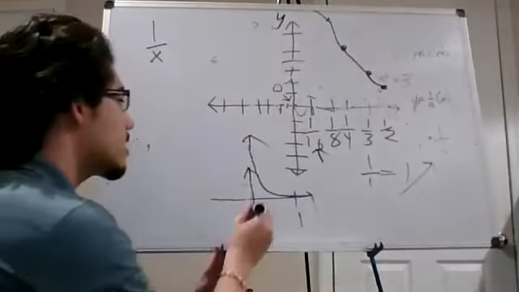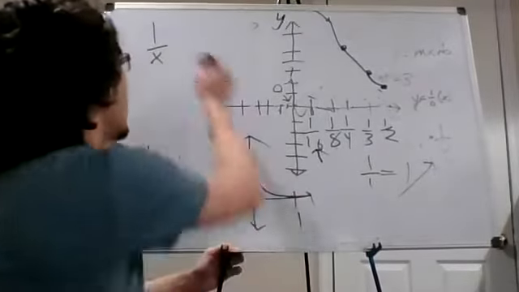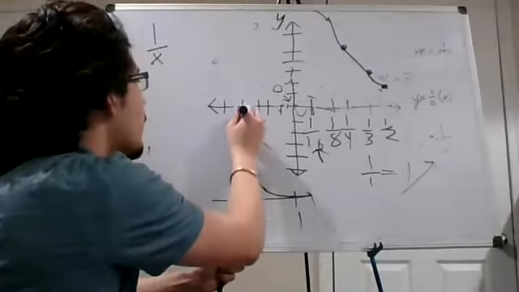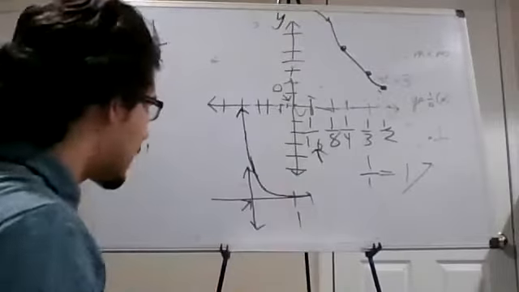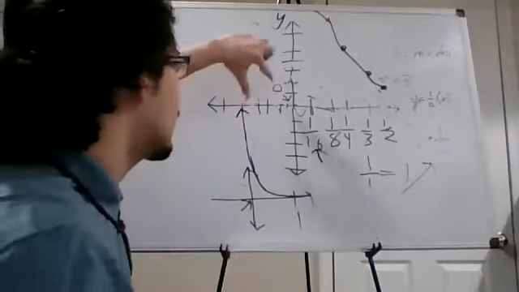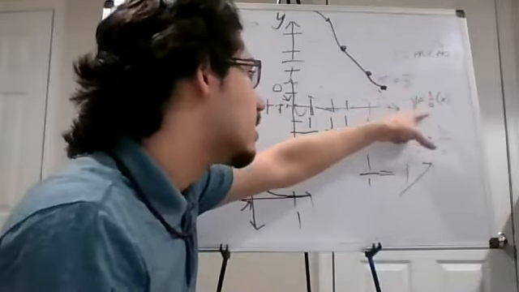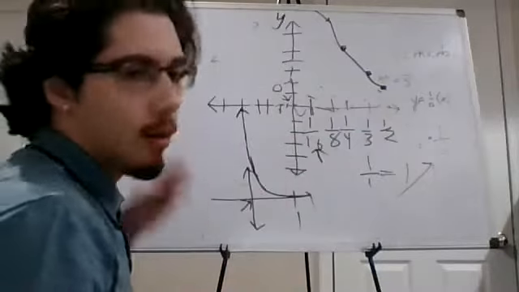So if we are trying to get to the point where x is 0 in this equation, and the y value just keeps going up forever, then that means that whatever 1 over 0 is, it should be almost infinite.